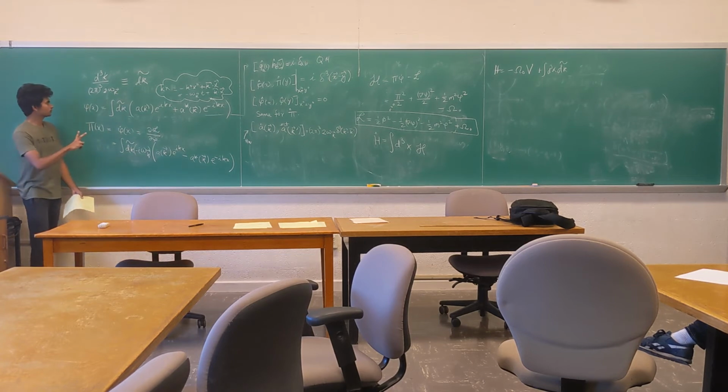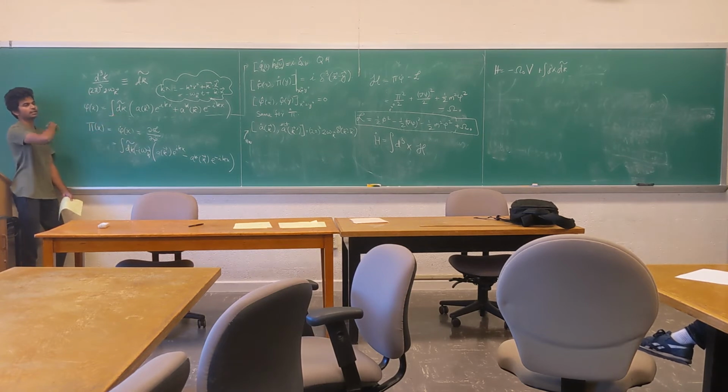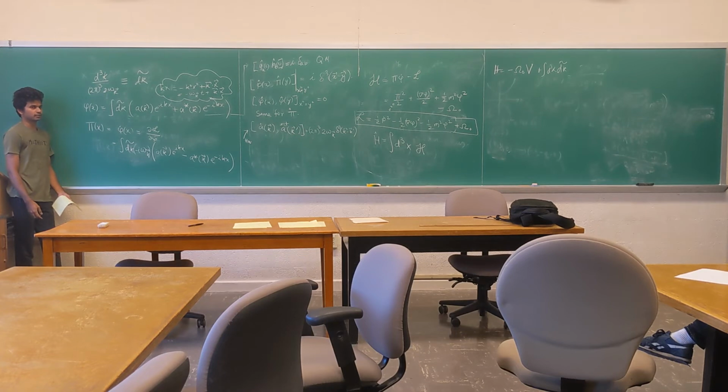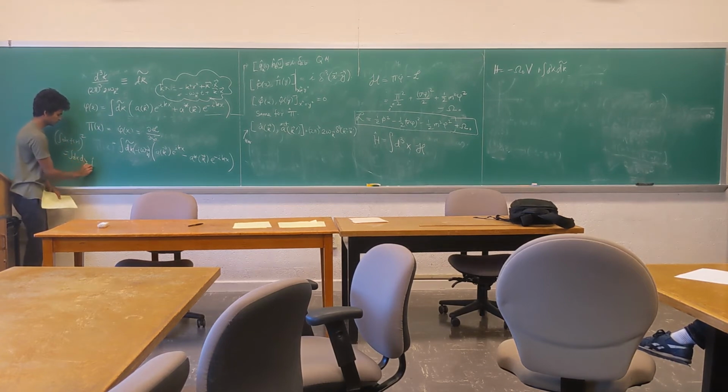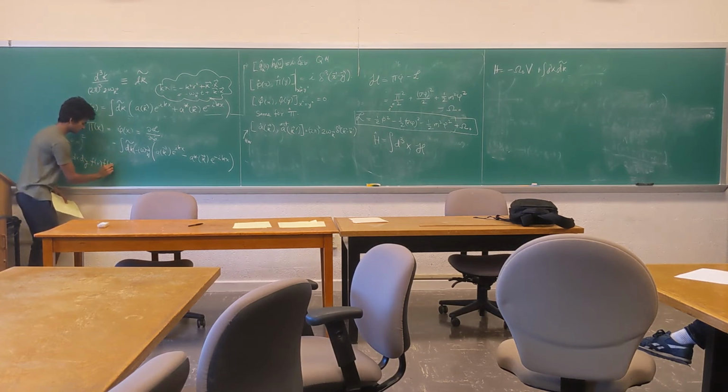If you have squares of these, you will have two integration variables, d tilde k and d tilde k prime, because that's how you square an integral, right? So the integral dx f of x squared is the integral dx dy f of x f of y.